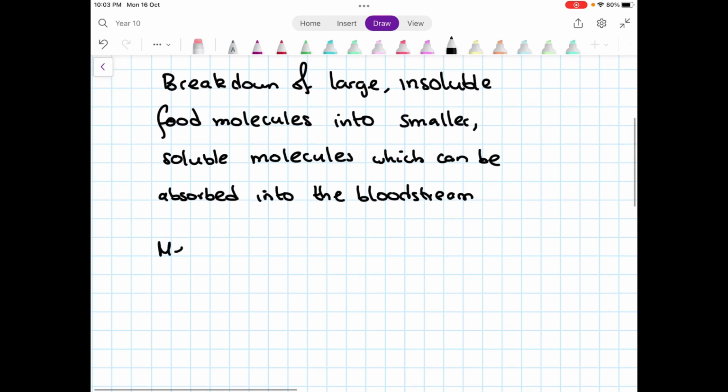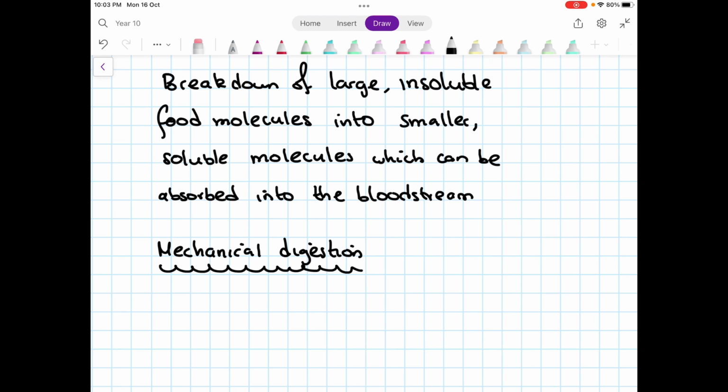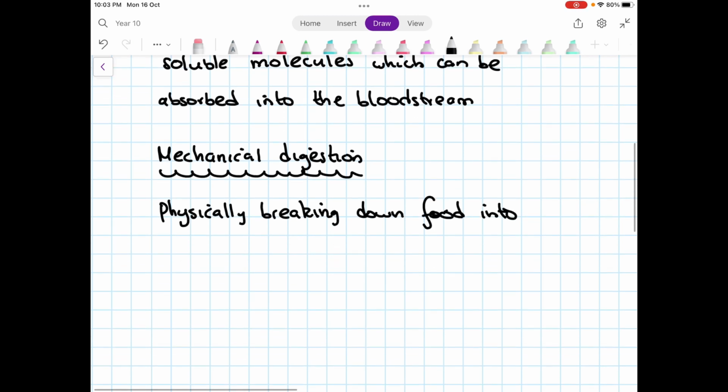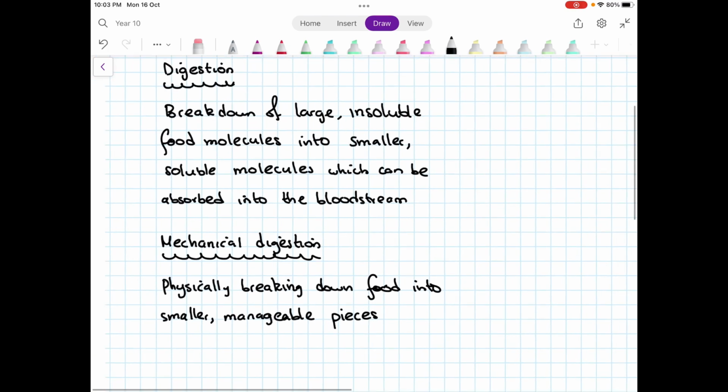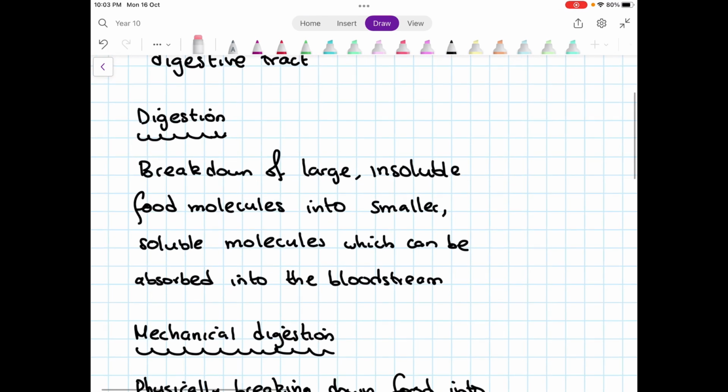And there are two main types of digestion. There is mechanical digestion, which physically breaks down food into smaller, manageable pieces, as well as chemical digestion.